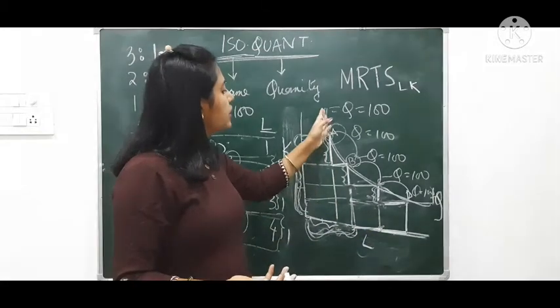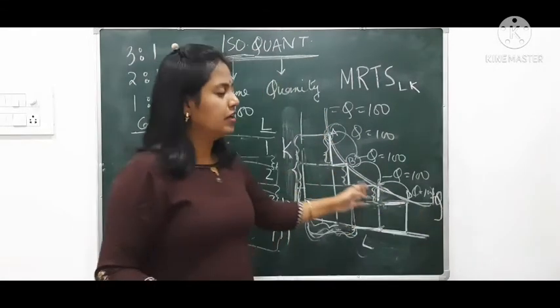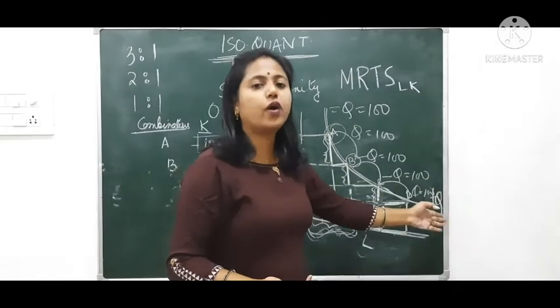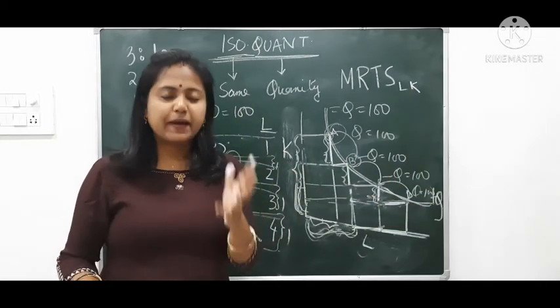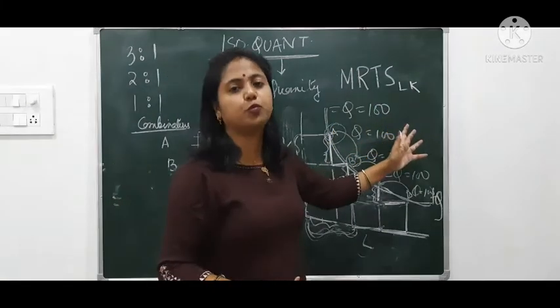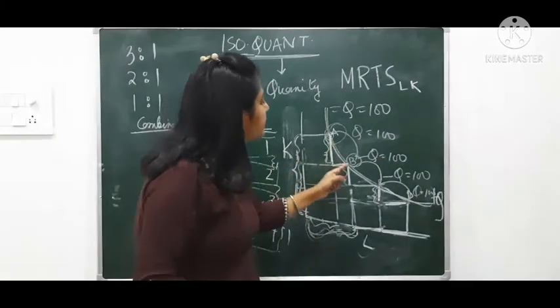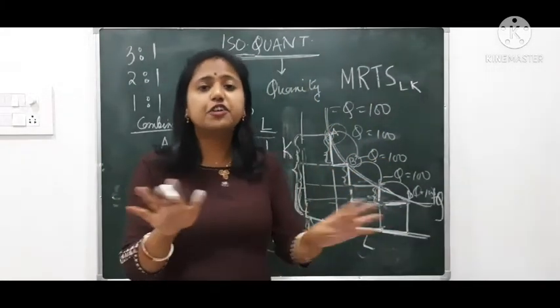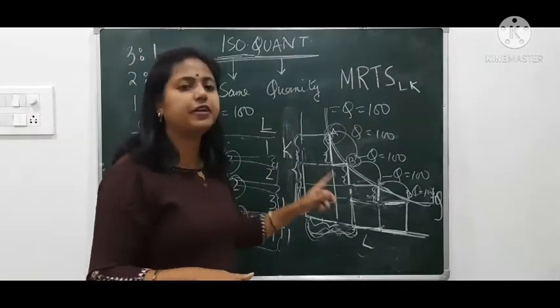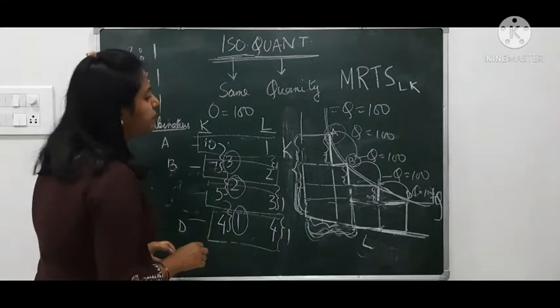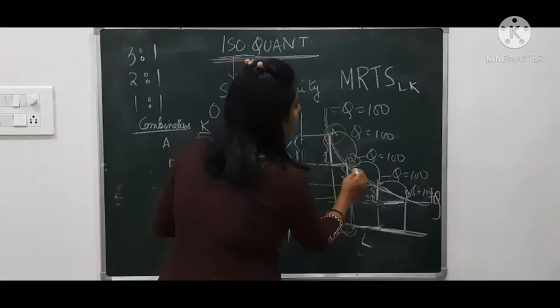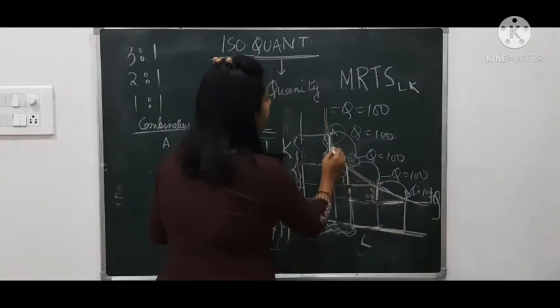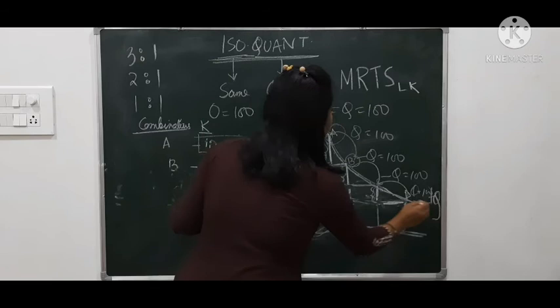So this is known as isoquant. Any point on the isoquant has the capacity to produce the same output, but each point represents different combinations of the factors labor and capital. I have shown you 4 combinations, but in fact there are multiple combinations. You can have an n number of combinations on this curve.